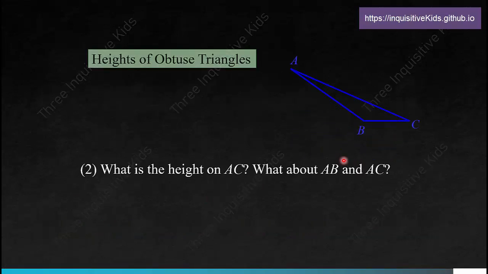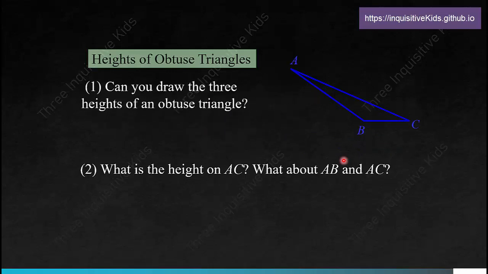Now we're going to learn about the heights of obtuse triangles. 1. Can you draw the 3 heights of an obtuse triangle? First, we need to extend line BC.